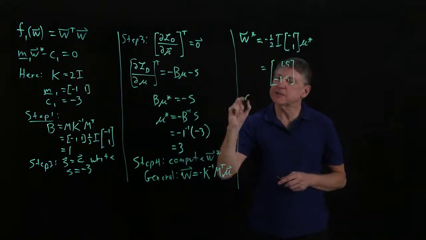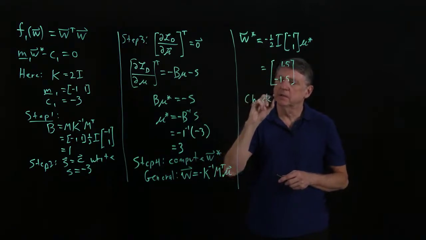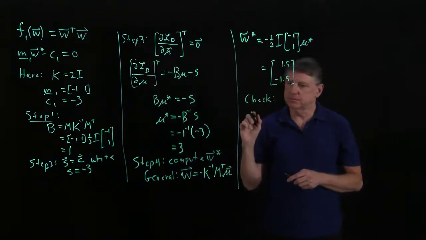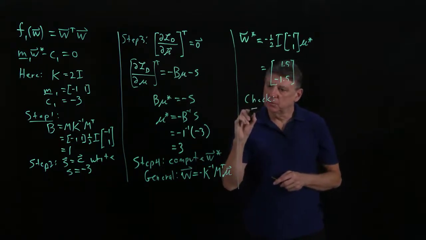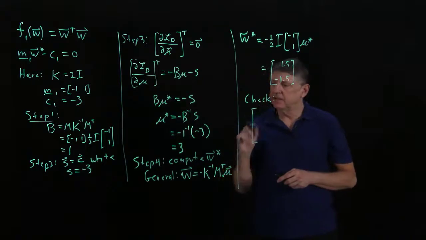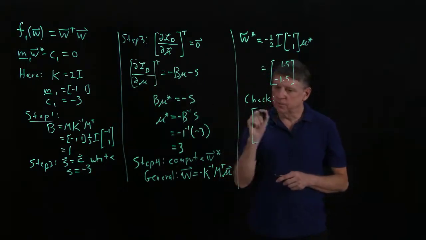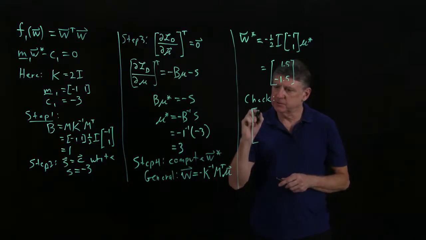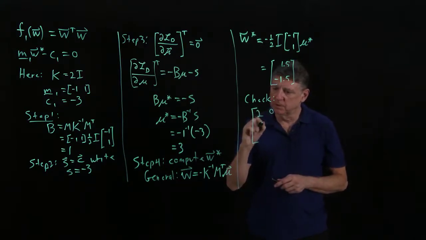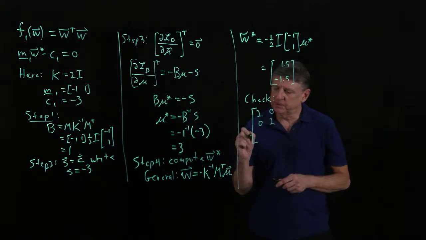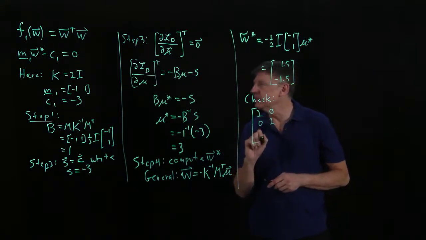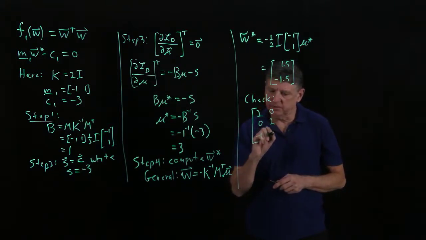So now let's check with our previous results. Previously, we had the enlarged matrix, the augmented matrix, where we put K in the upper left, so that would be 2, 0, 0, 2. We put the constraint 1 form as this row, so that would be minus 1, 1.